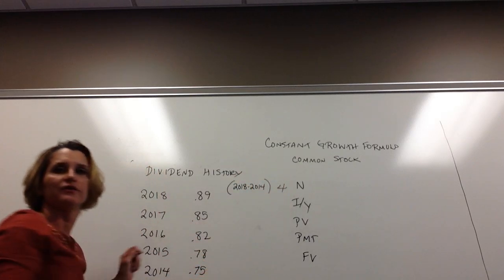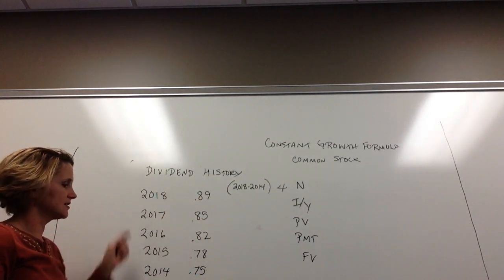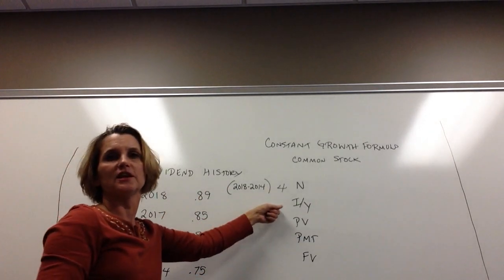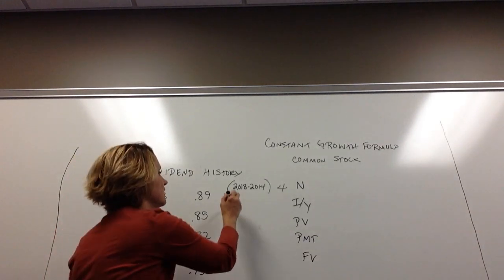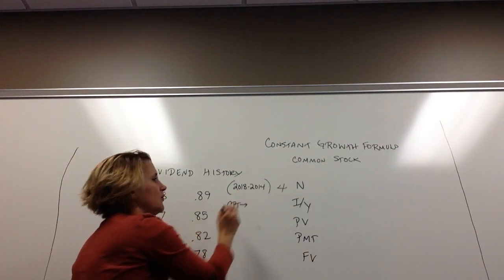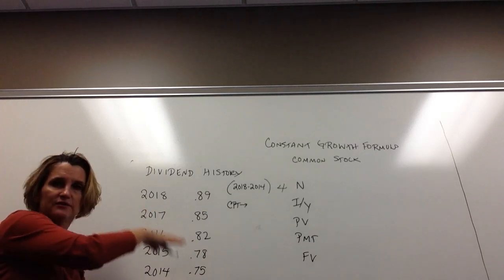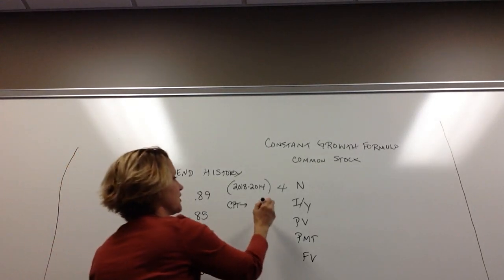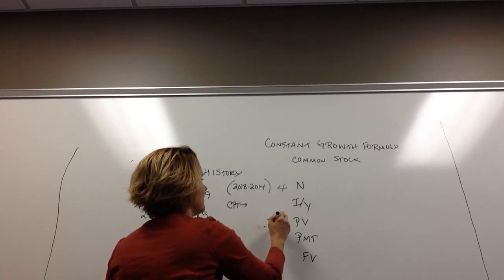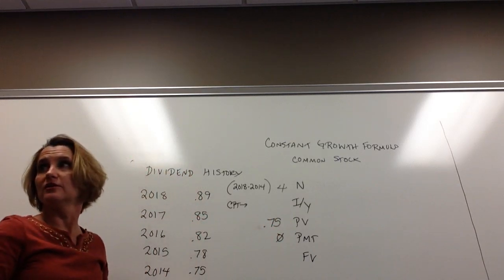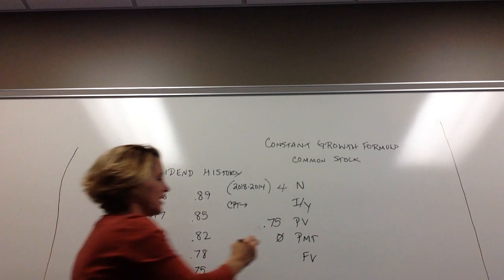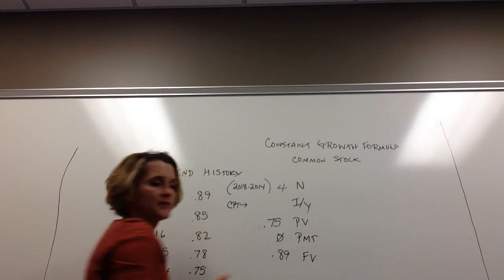And the easiest way to figure that is just subtract the years. 2018 minus 2014, it's a 4-year difference. And then we're computing our IY. The present value is going to be the dividend that was the furthest down in time, so it's 0.75. Our payment is 0, and our future value is 89 cents.